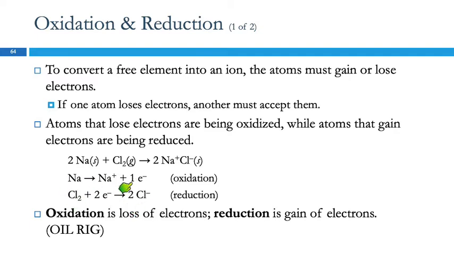So losing an electron is oxidation, and gaining electrons is reduction. So oxidation is loss of electrons, reduction is gain of electrons: OIL RIG. OIL, oxidation is loss; RIG, reduction is gain of electrons.